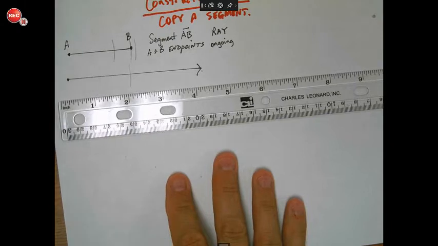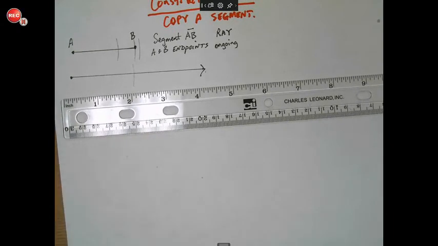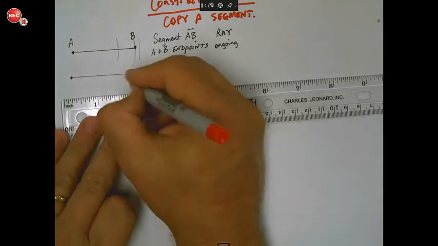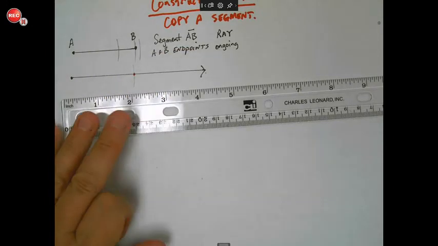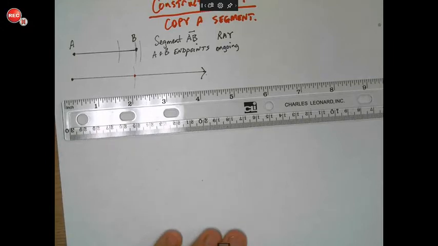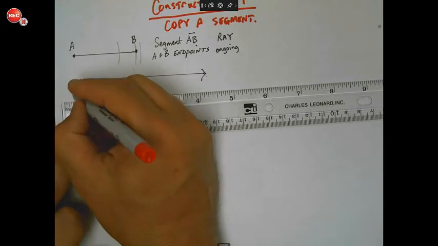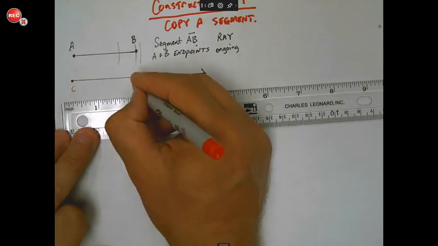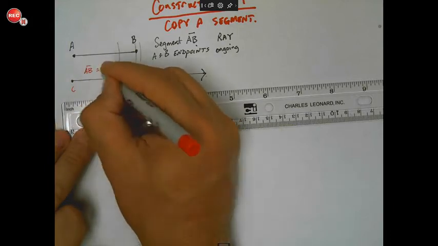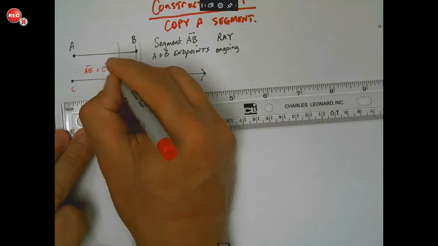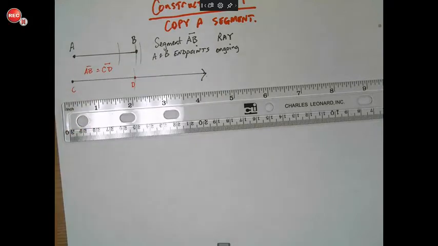Now where that arc intersects the ray, there's a point of intersection right there. I'm going to make a dot. That's a point. That represents the length of CD. So I know that AB is equal to CD. Ta-da! You just copied your first segment.